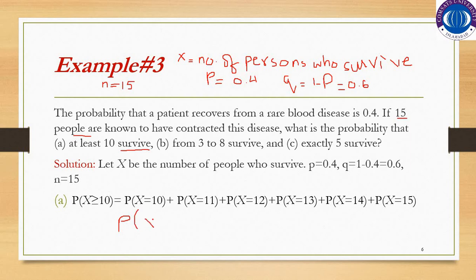We know that the probability mass function of the binomial distribution is nCx p raised to power x q raised to power n minus x, where x is equal to 0, 1, till n.